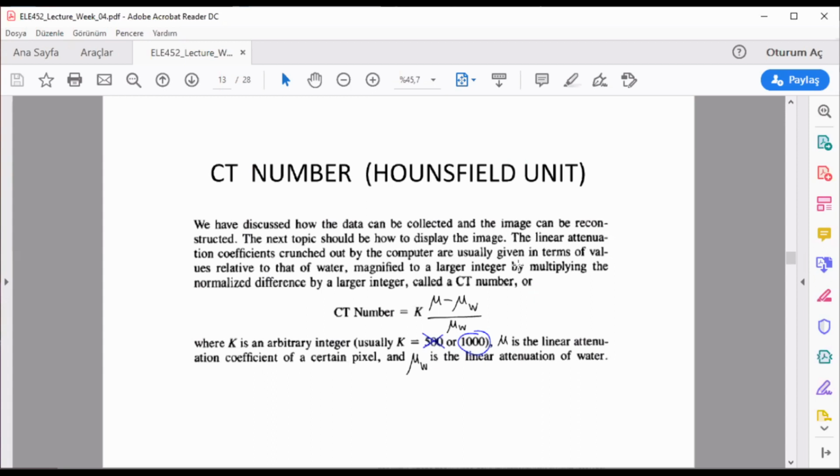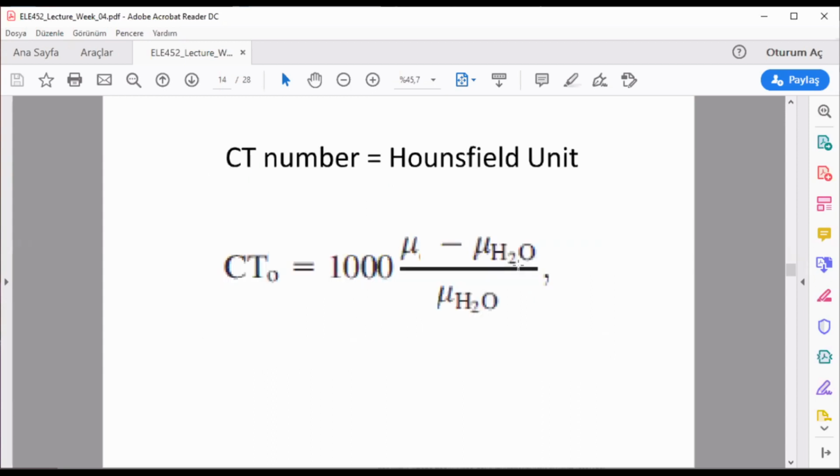This is called the CT number. And if we have an examination, definitely there will be a question related to that CT number calculation. So once again, emphasizing this, the CT number equals 1000 times the difference of X-ray absorbance values of the unknown tissue and water, normalized with water.